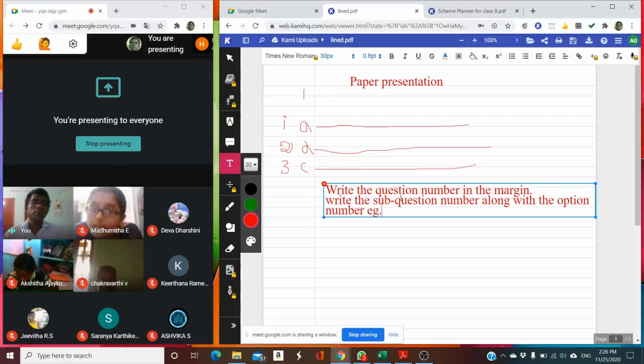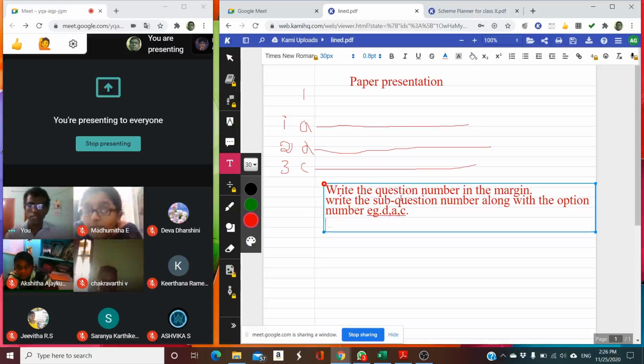Option number, example B, A, C. All these in the margin. Then next point.